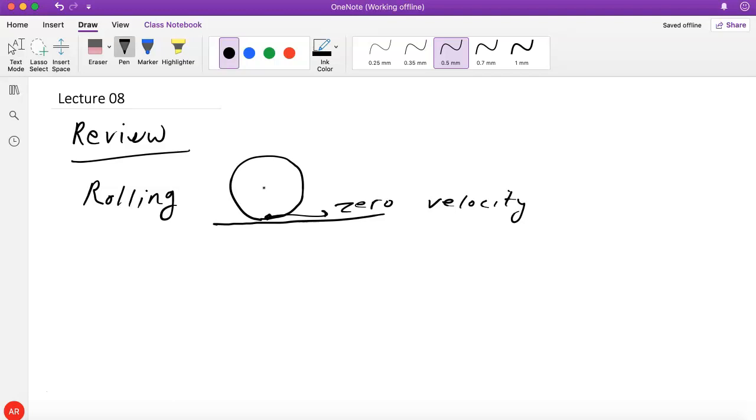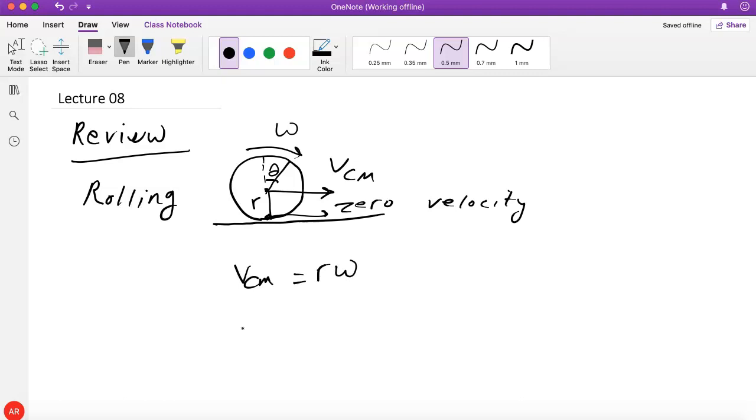So we had several pictures to understand this motion, but the important thing is we figured out that if the center has some velocity, let's call it VCM, and the angular velocity omega, the rate of change of this angle here, is omega, then for a circle of radius r, VCM is r omega.